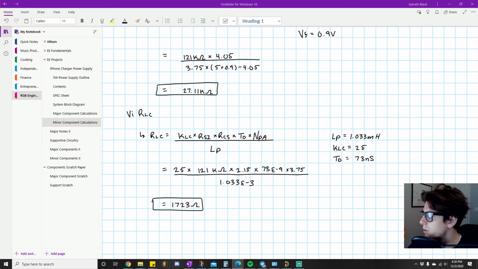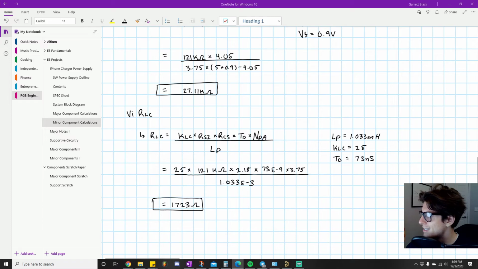T sub D is the current sense delay, including MOSFET turn off delay. Add 50 nanoseconds to MOSFET delay. I looked up the data sheet for the MOSFET that I sourced. I don't have that data sheet on hand, but I looked at the turn off time listed in it, and it was around 23 nanoseconds. So that gives you a value of 73 nanoseconds.